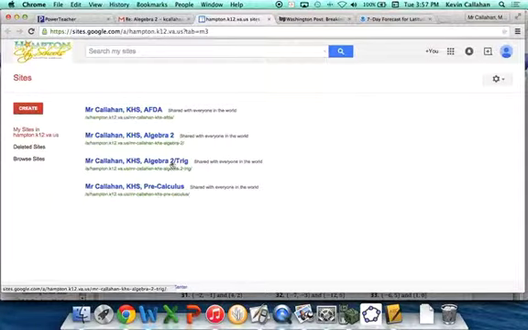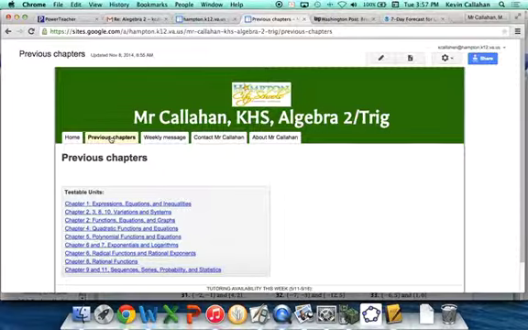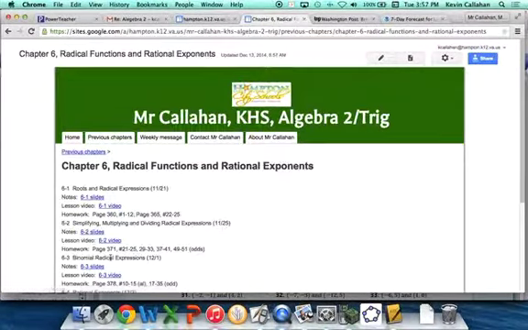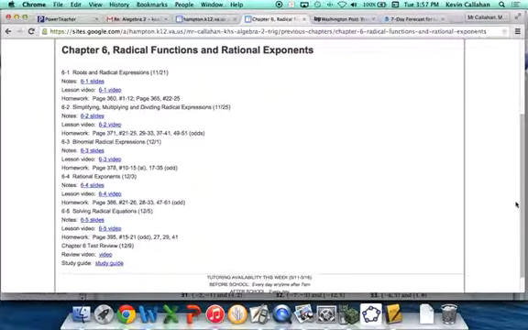And you should click on Algebra 2 Trigonometry. And if you go into the previous chapters, we did properties of exponents in chapter 6, radical functions and rational exponents. You're probably about to head into a chapter which is very similar to this. And the first thing we did, this roots and radical expressions, I believe I had slides that had all of that stuff in there.